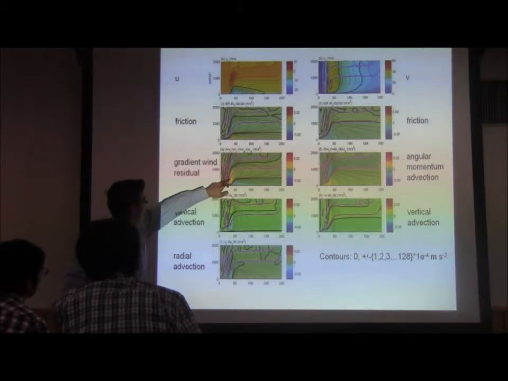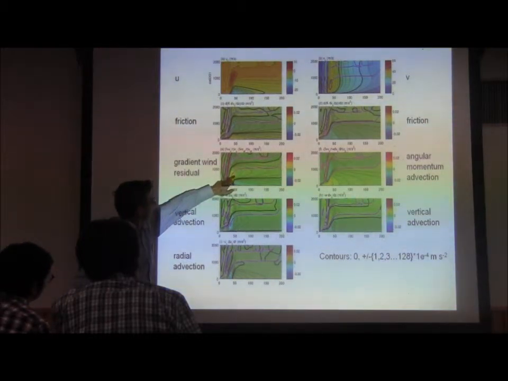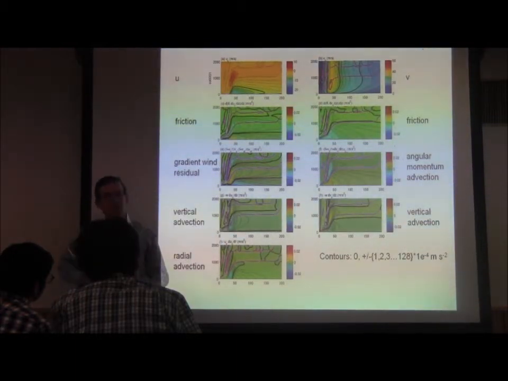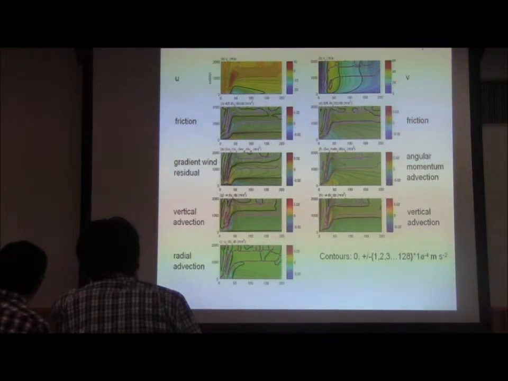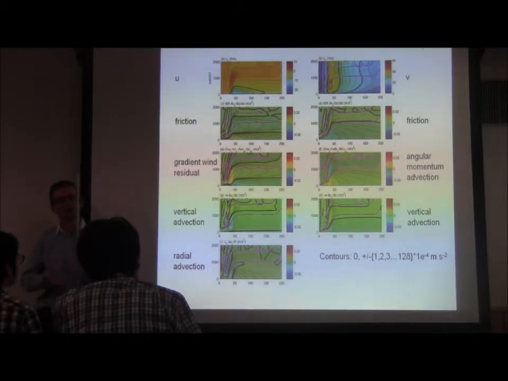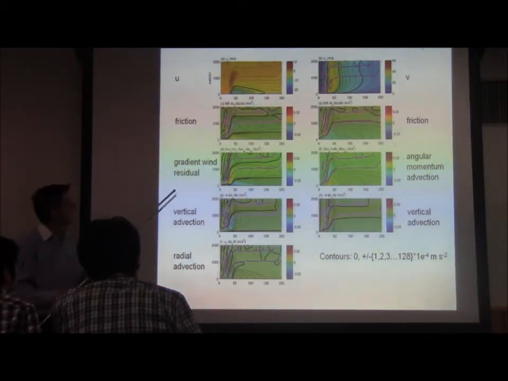Well, we need to look for blue colours because we've got yellow-orange colours here. The first thing that's balancing it is vertical advection. What is happening here is we're in the strong updraft. We've got an inflow maximum near the surface, and that inflow maximum is being lifted up to the level of the jet by the updraft.